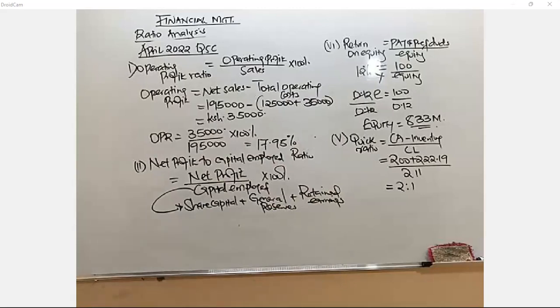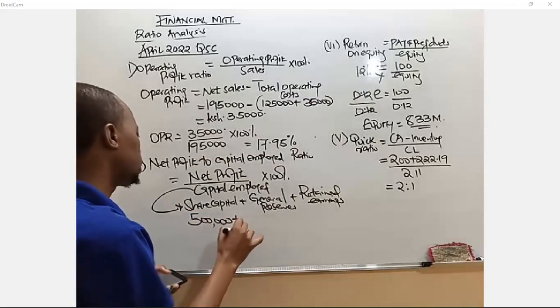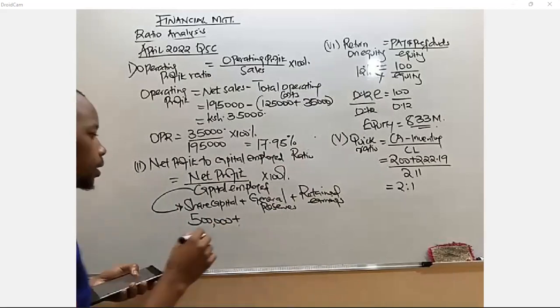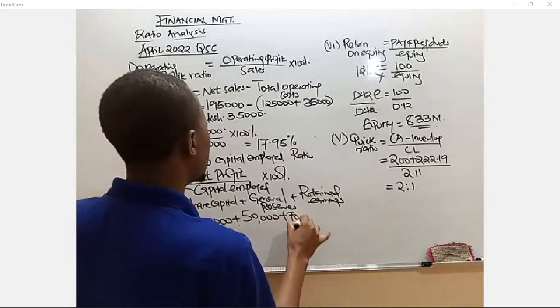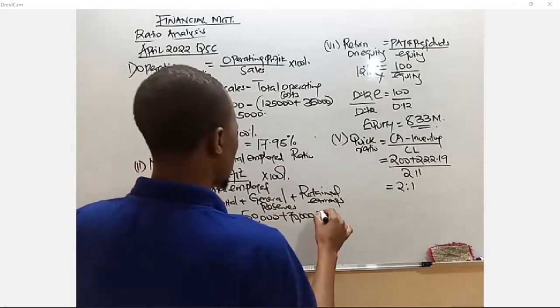I see the equity share capital of 500,000. The general reserves are 50, then the retained earnings are 70. That is 620,000.